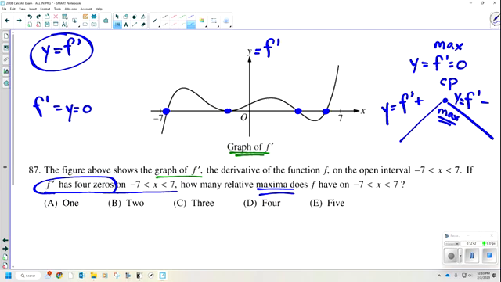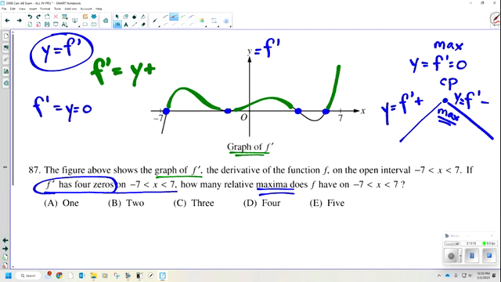Here's where it gets fun. Anytime I'm above the x-axis in quadrants 1 or 2, I have a positive y value. If I have a positive y value, that means I have a positive first derivative. Anytime this green line I'm drawing has a positive y value, that means a positive first derivative.